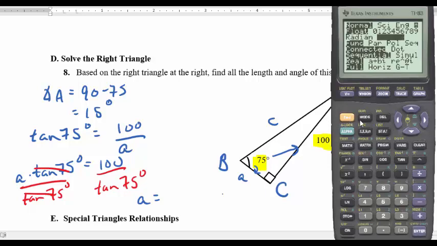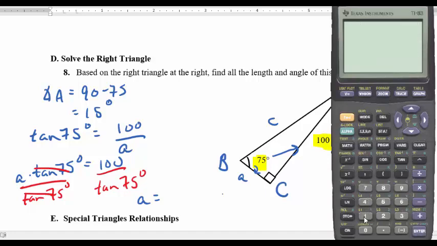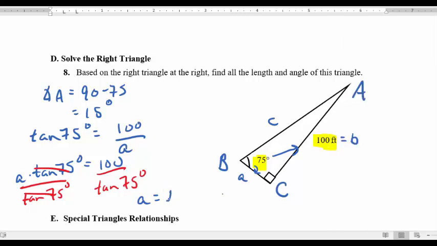And now I'll go back home and I'll do 100 divided by the tangent of 75. And that's going to give me 26.8, let's say. So A is going to be 26.8 feet.